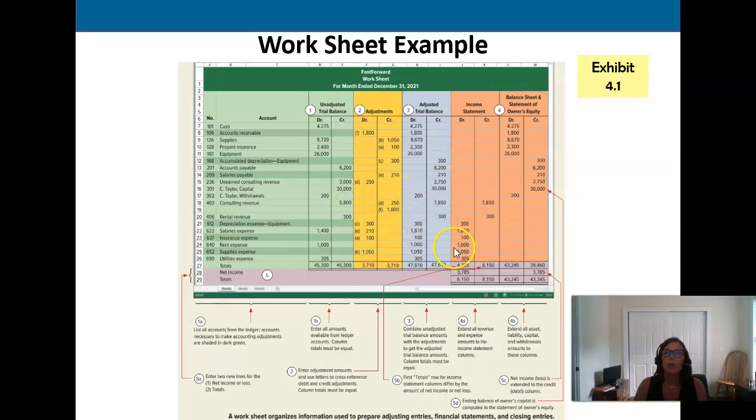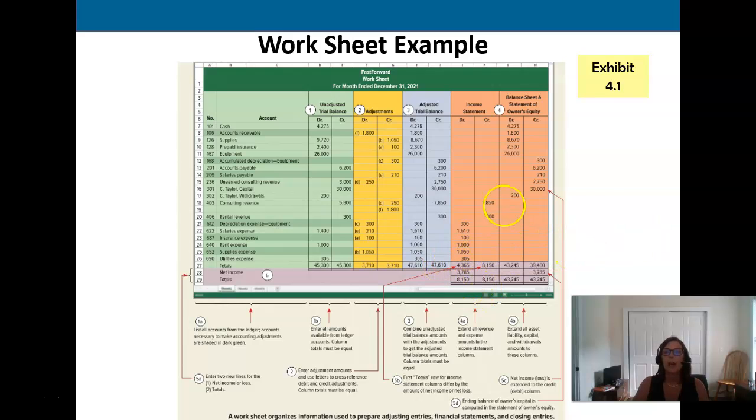Well, let's wander on over here to our income statement. We've got our revenue minus our expenses, and if we subtract those, that gets us $3,785, which is our net income. If we put that in our debit column and then add the debit and credit columns from our income statement, you will see that now they balance.